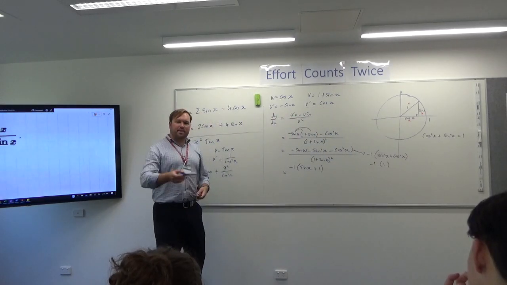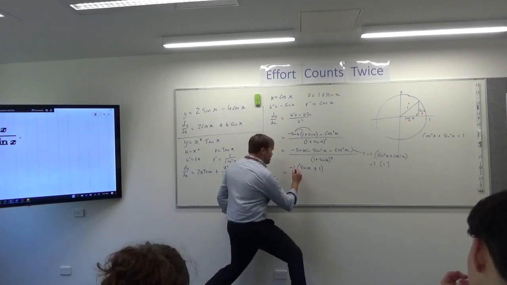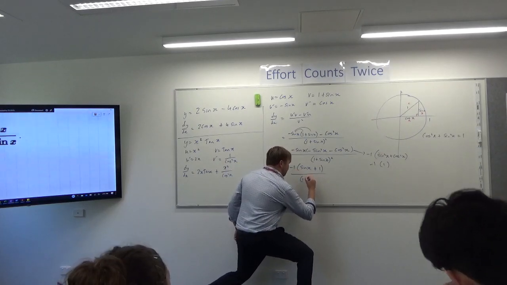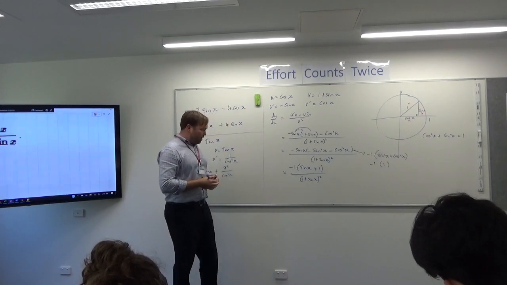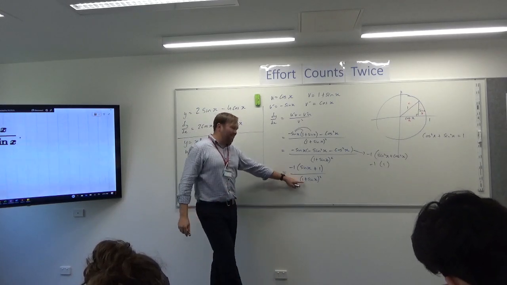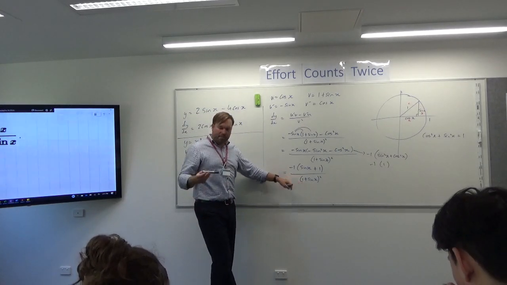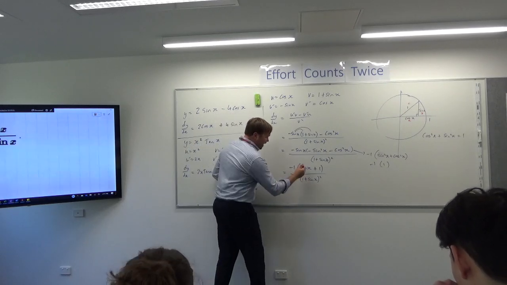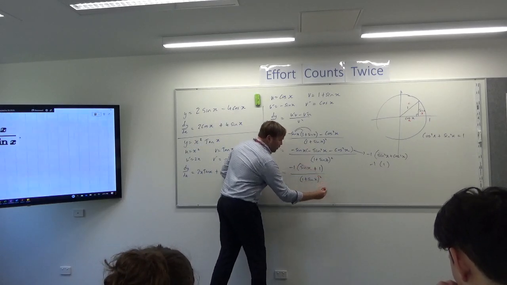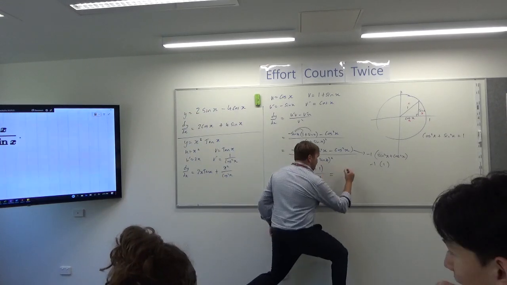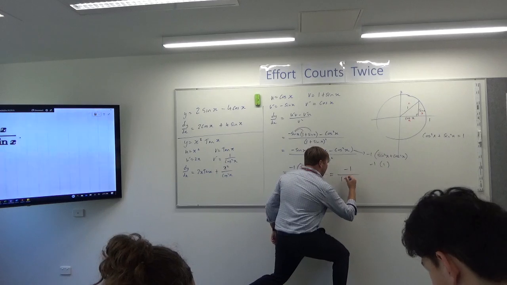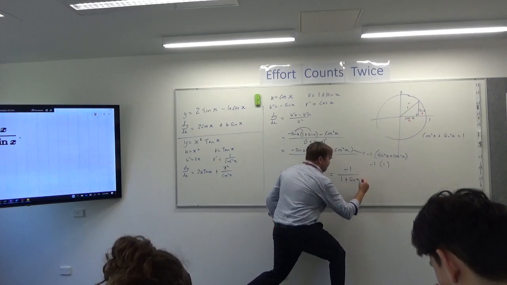Now this is the reason I didn't expand on the bottom, because it's going to get useful in a sec. 1 plus sine x squared. Are you guys happy that sine x plus 1 and 1 plus sine x is actually the same thing? Meaning I can cancel this with one of the factors down there, and the overall answer is simply minus 1 over 1 plus sine x.